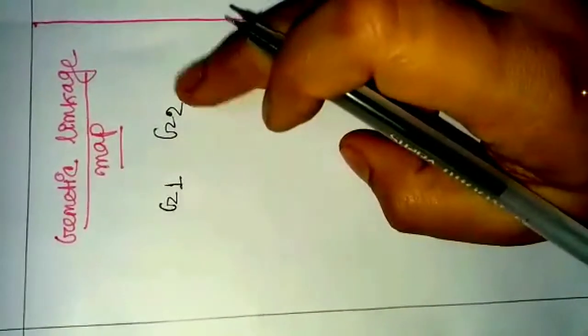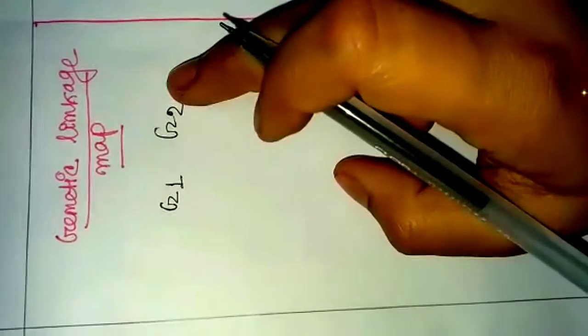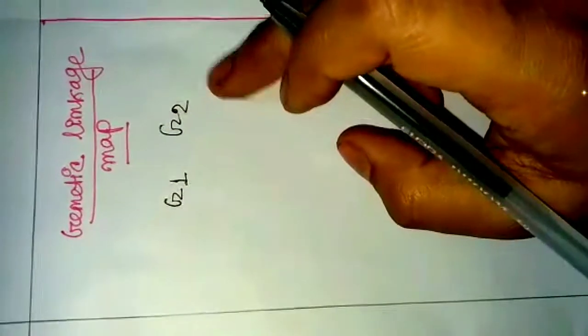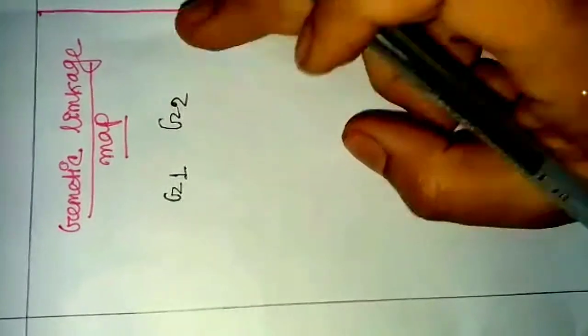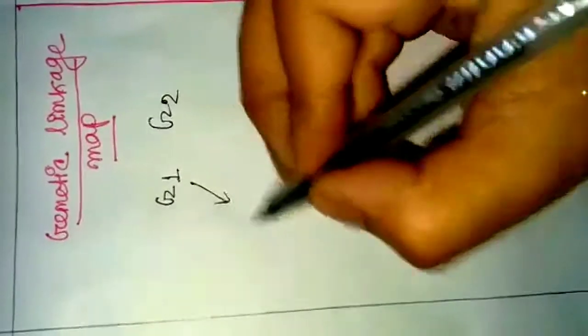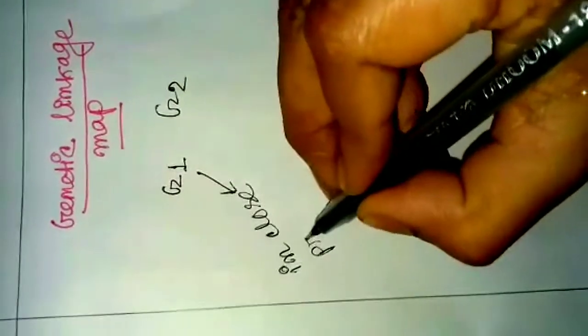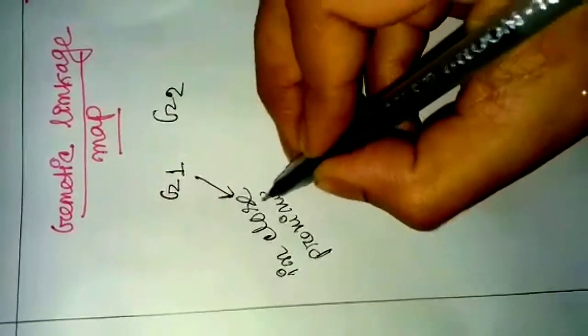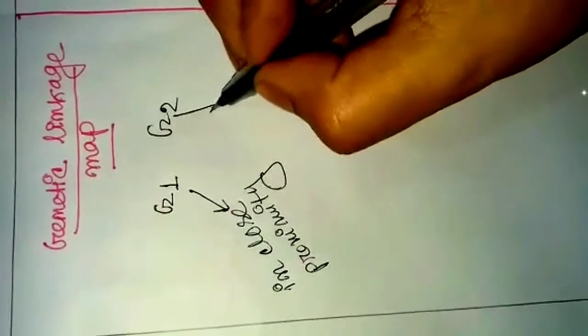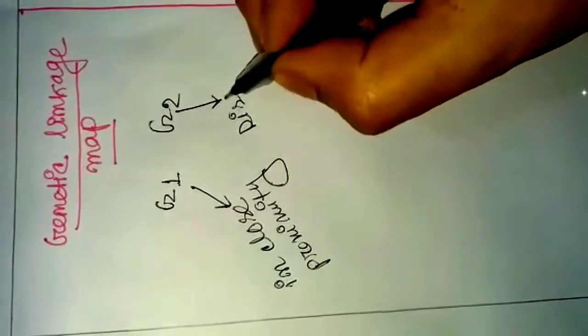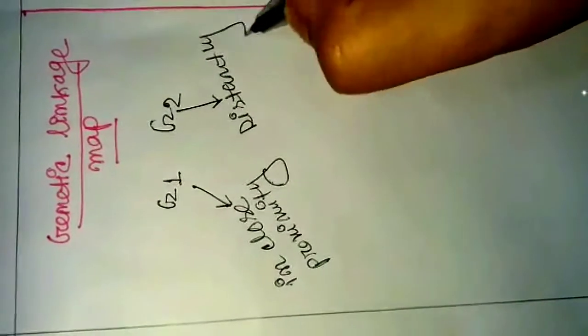So if we use this linkage map to predict the position of these two genes, it is going to tell us whether they are in close proximity or whether they are situated distantly from each other.